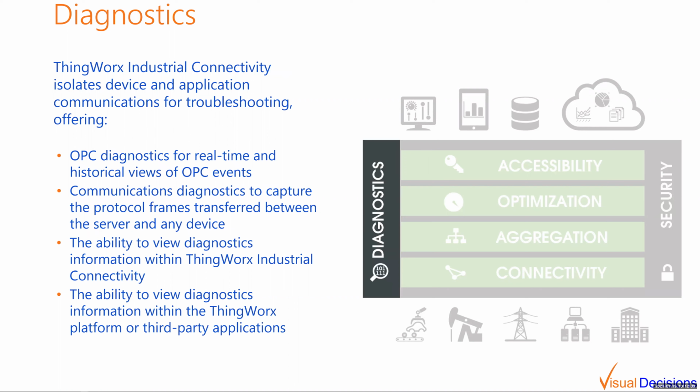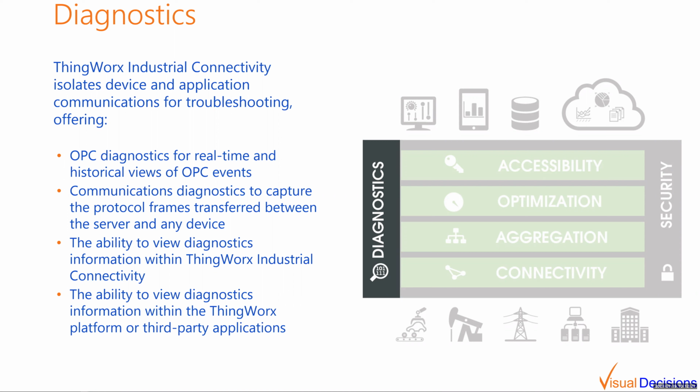From a diagnostics point of view, it provides robust communications diagnostics to easily isolate and troubleshoot device and application communications. OPC diagnostics provide a real-time and historical view of OPC events between any OPC client and the server.